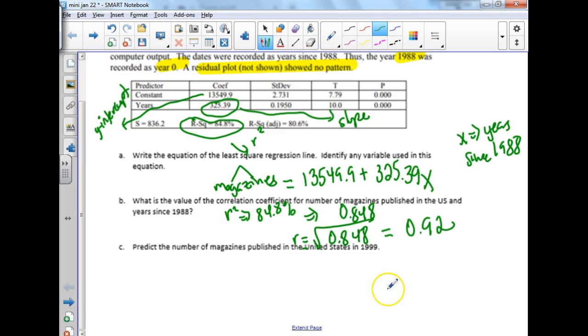The next problem says predict the number of magazines published in the United States in 1999. So I'm going to use my prediction equation and simply substitute in those values.